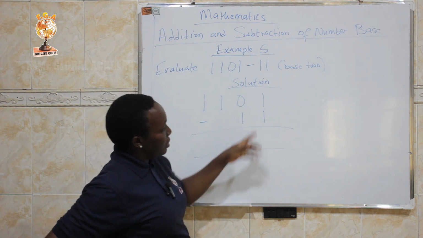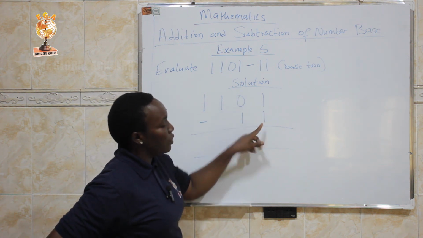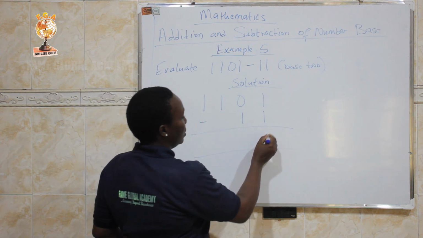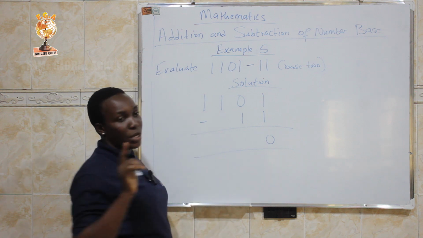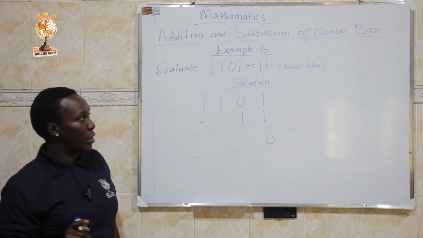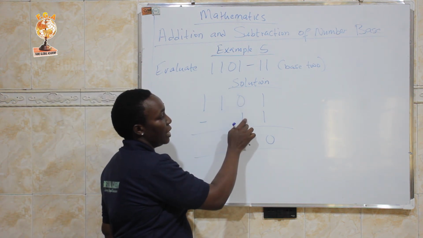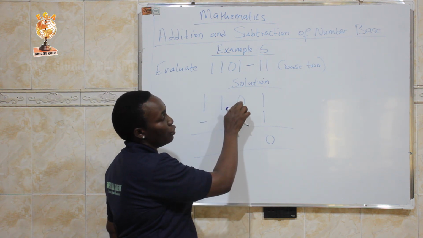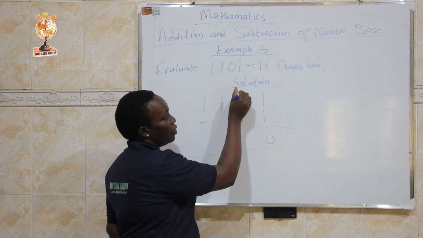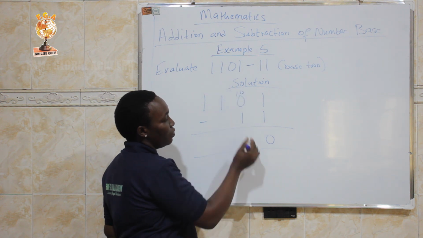So the first one is 1 minus 1, which is normal. The answer is 0. Then 0 minus 1, that's where the borrowing comes in, because 0 is smaller than 1. So you have to borrow 1 from here, add to 0 to make it 10.